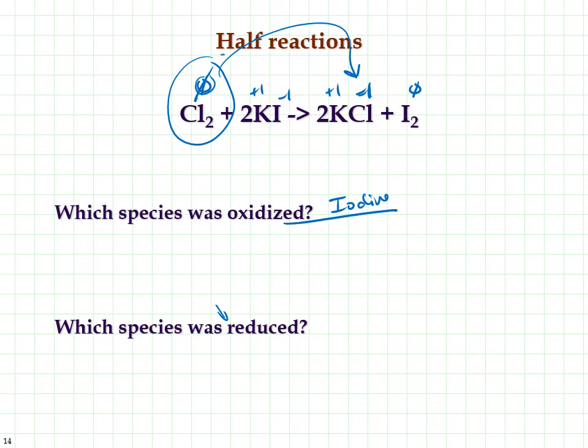I'm going to write a half reaction showing just chlorine being reduced. So we're going to start with just the chlorine. We're going to add those 2 electrons that iodine gave away, and we're going to make 2 particles of that anion chloride. This is our reduction half reaction.